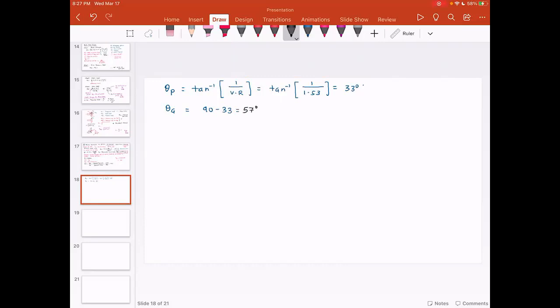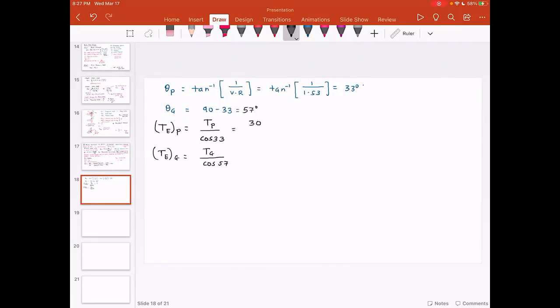So with this information, we should be able to find out the formative number of teeth for the pinion and gear, or the equivalent number of teeth for pinion is equal to number of teeth on pinion divided by cosine of 33. TE for gear is equal to number of teeth on gear divided by cosine of 57.